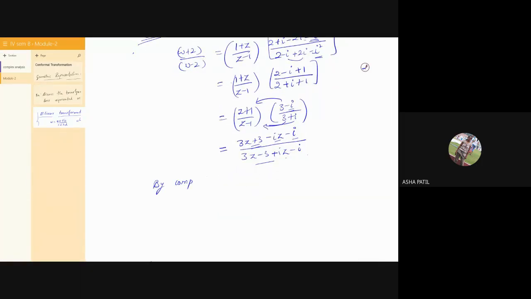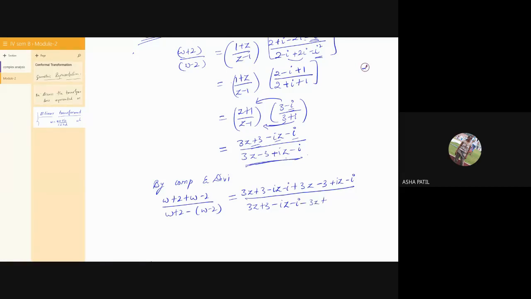By componendo and dividendo, in the LHS it is (w plus 2 plus w minus 2) over (w plus 2 minus w minus 2). The same here in the RHS, we'll add the denominator and numerator terms, and in the denominator, keep numerator as it is, minus denominator, so I'll change the sign here.